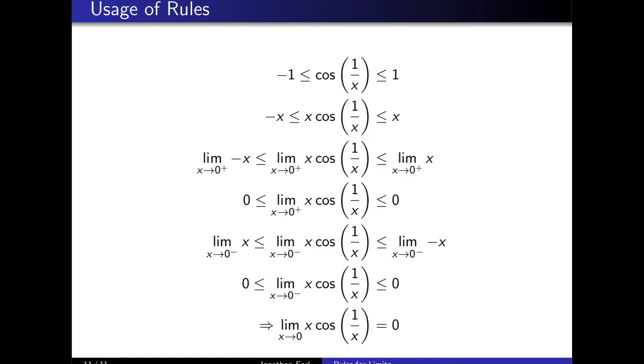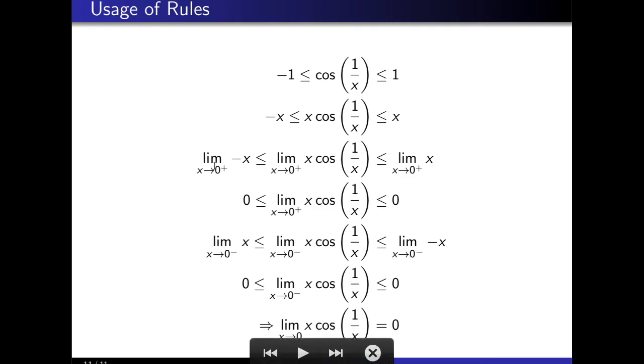So we'd say that minus x is less than or equal to x times cosine of 1 over x, which is less than or equal to x. There are minor concerns about whether x is positive or negative. If x is going to 0 from the right, we have that the limit as x goes to 0 from the right of minus x is less than or equal to the limit as x goes to 0 from the right of x cosine of 1 over x, which is less than or equal to the limit as x goes to 0 from the right of x.